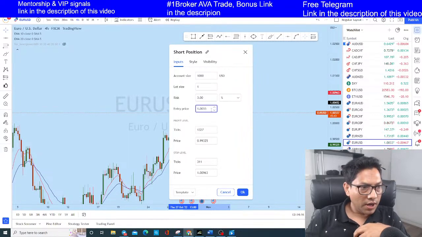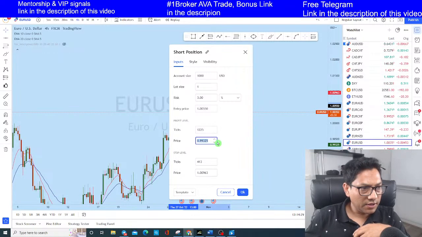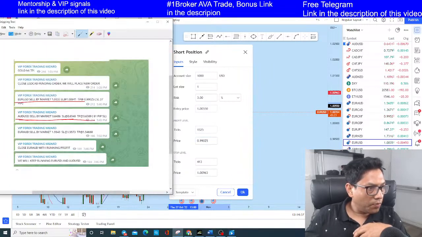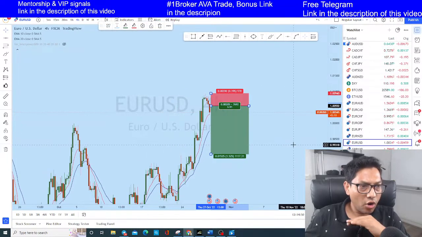Take profit at 0.99025, and stop loss on EURUSD at 1.0094. So this is our stop loss and take profit. Now we have almost a four times profit target on EURUSD.